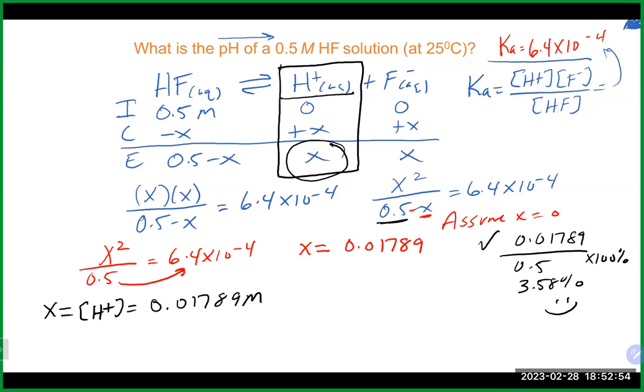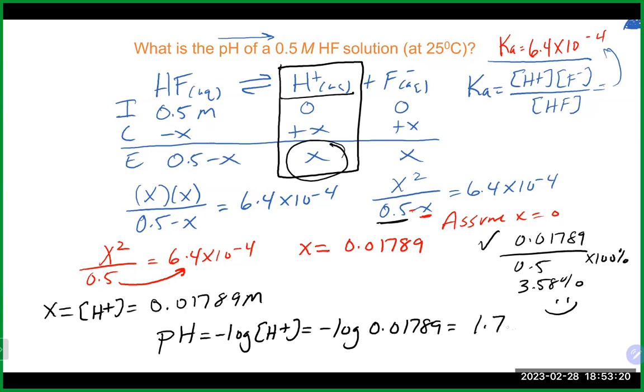And that's really what we need to go into our pH formula. Our pH here would be minus the log of the H plus, and that means minus the log of 0.01789. That's going to give us really a pH of 1.7.